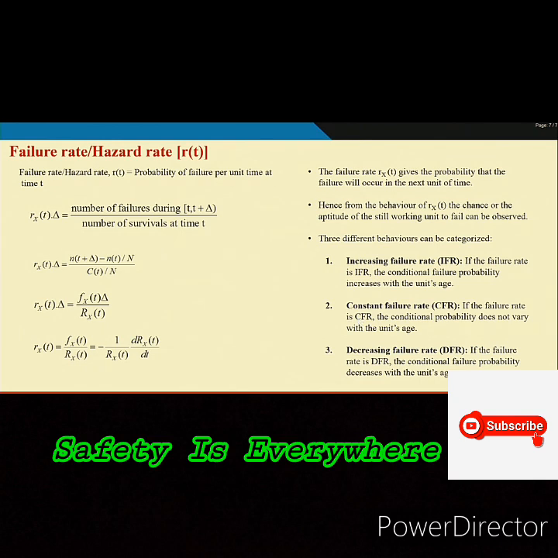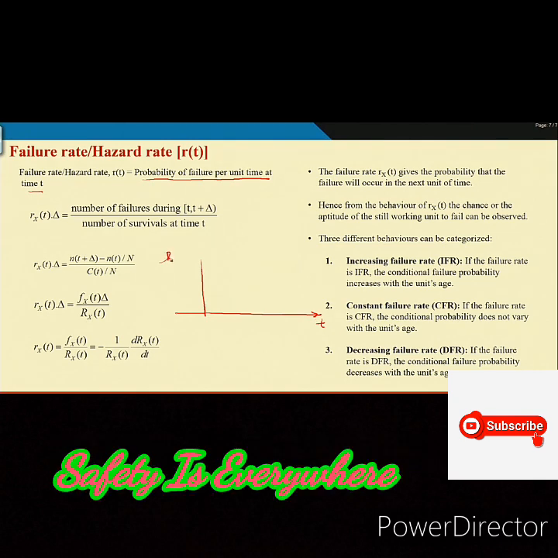See what hazard rate is here. Be careful. We are saying that hazard rate is the probability of failure per unit time at time t. That means we have some timeline t, and suppose this is our hazard rate h(t).